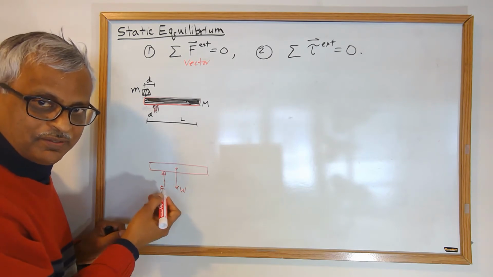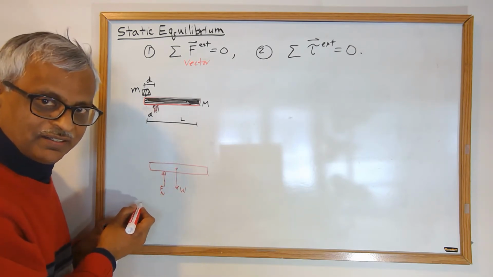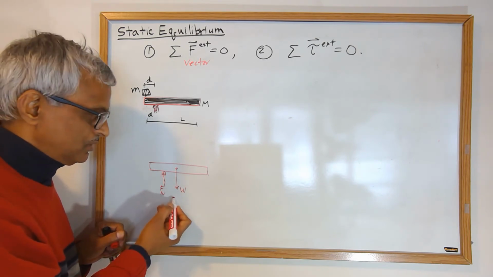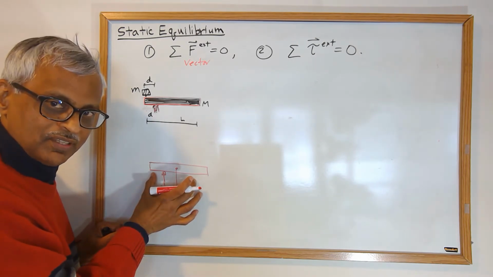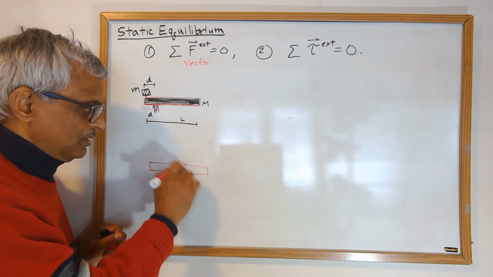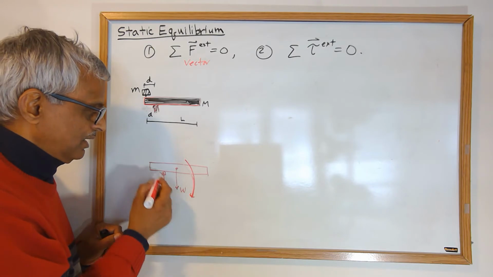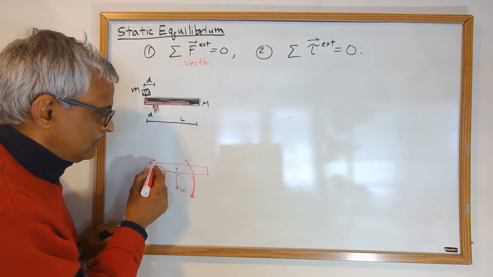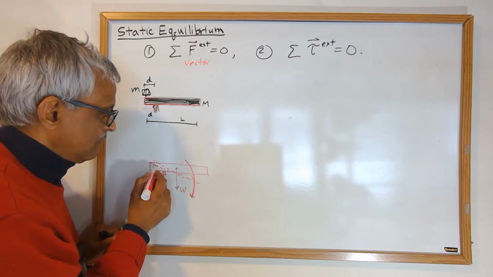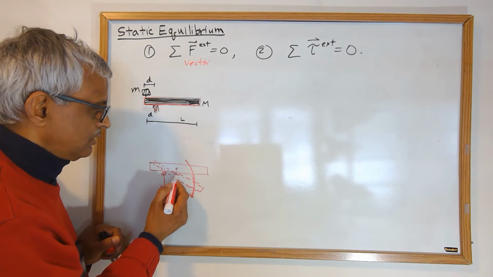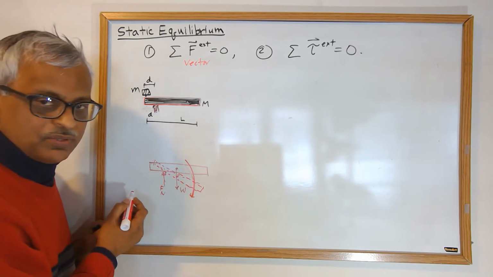If this thing is not accelerating, then they may have some values, I don't know if they're equal or not. If this is the only thing, then you will find that the board will rotate, and some point later the board will be in that direction, center of gravity will come down here, right?